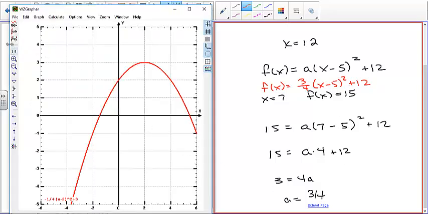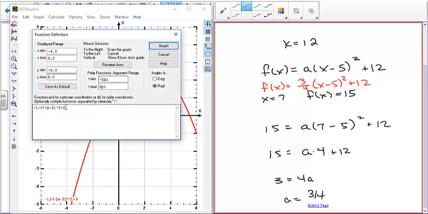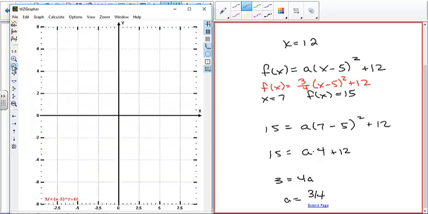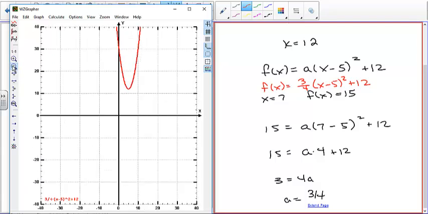And let's plot that thing. So 3/4 times x minus 5 squared plus 12. And we've got to zoom out a little bit. So there it is.